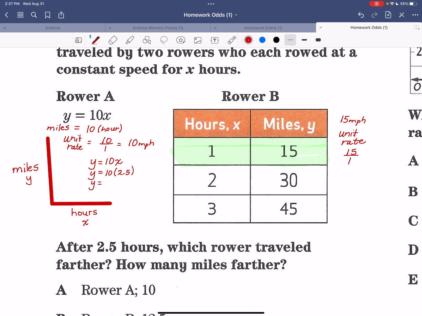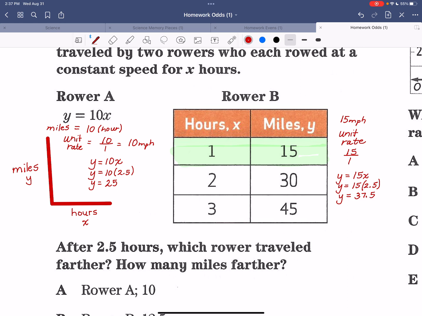So at 2.5 hours, this person has gone 25 miles. Rower B is y equals 15 miles an hour. So y equals 15 times 2.5. And I believe that's going to be 40, but I'm not going to take the chance. 15 times 2.5. That's why I don't take the chance.